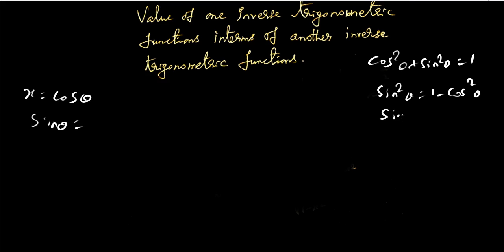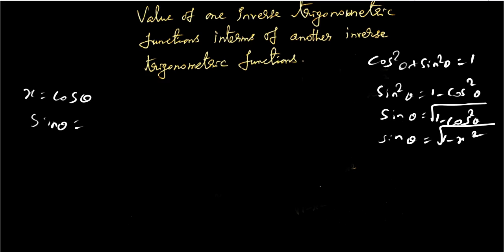So if we take sin theta, we have to take square root on both sides. It will become square root of 1 minus cos square theta. Cos theta we have considered as x, so sin theta equal to square root of 1 minus x square.